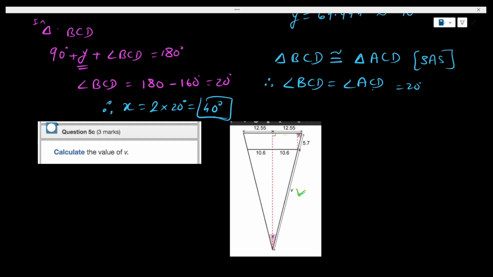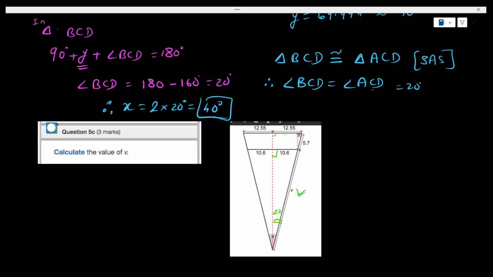You can use either similarity, or I can use trigonometric ratio, because one of the sides is known. Now if I use trigonometric ratio, how can you solve it here? V is part of this small triangle, and we have 20 degrees.